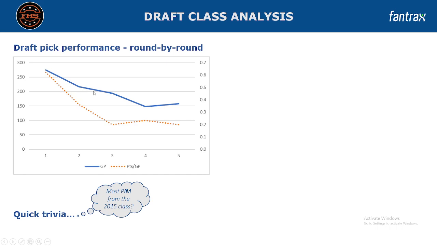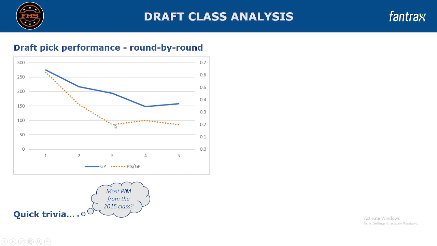But for me, more impressive is the consistency in the number of games played that we managed to find in the latter rounds. You can also see that between the third and the fifth round, the average quality of the players that we selected is pretty comparable.